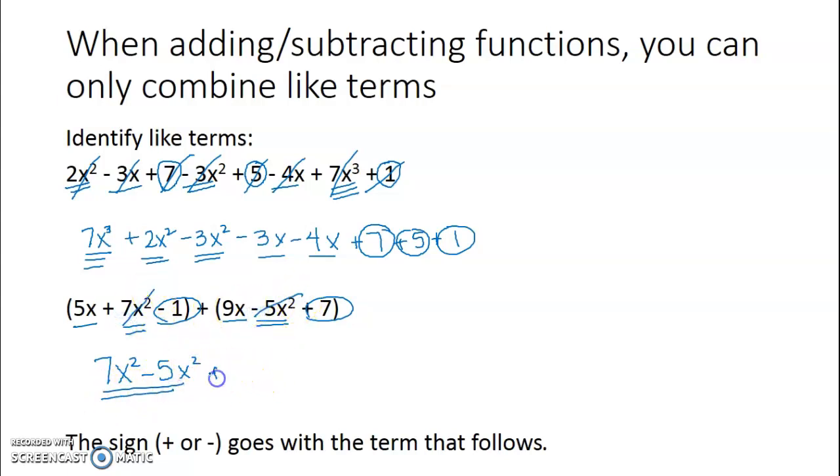And then I have a positive 5x and a positive 9x. 5x, 9x. And then I have my constants, a negative 1 and a positive 7. Whatever the sign is goes with the number that follows it. So this negative is in front of the 1, so they go together.